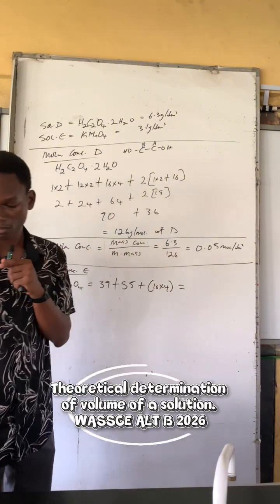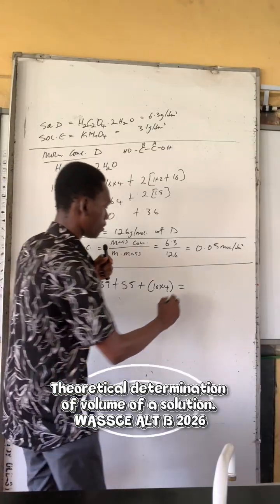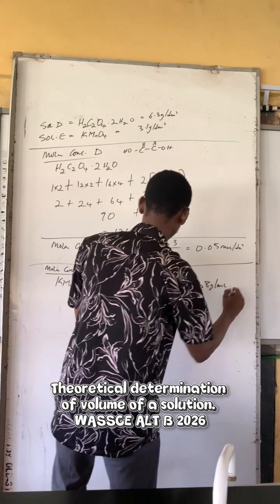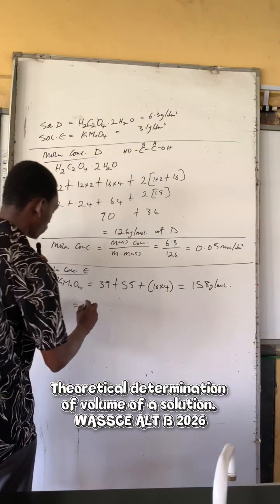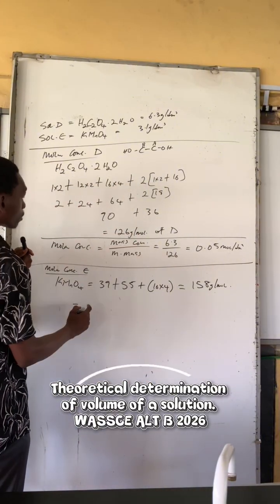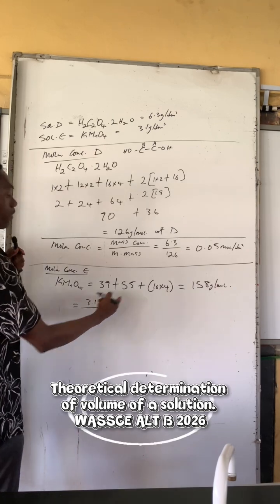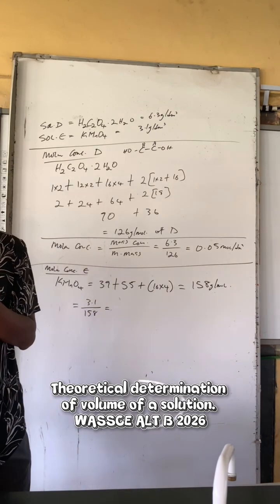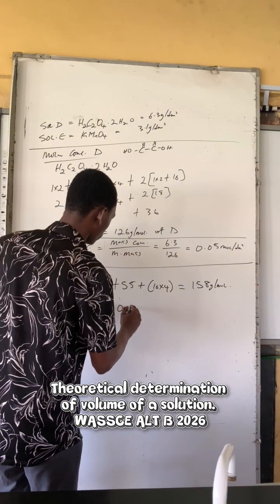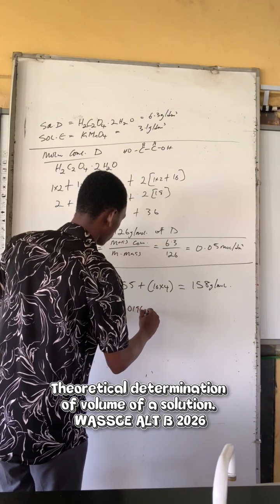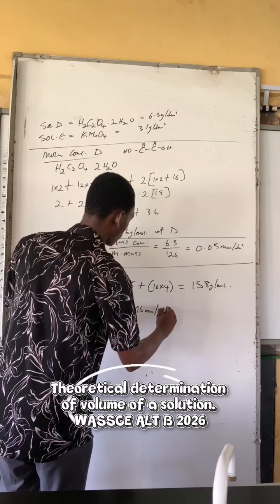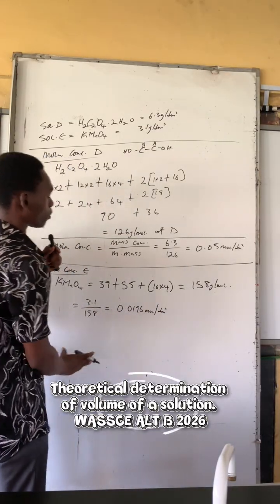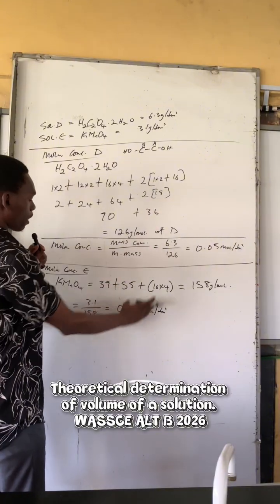And if we simply add all that, we get 158 gram per mole. So the molar concentration is the mass concentration, which is 3.1 all over the molar mass, 158. And if you divide that, we get 0.0196 mole per liter. All right, so these are the molar concentration of D and the molar concentration of E.